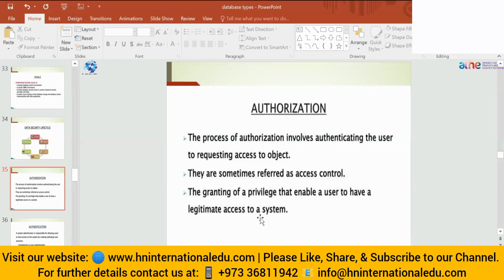For example, if we are working in the education sector, some documents are accessible to the whole management, let's say the faculty, the admin, and the students. But some are confidential documents that are not accessible to everyone.